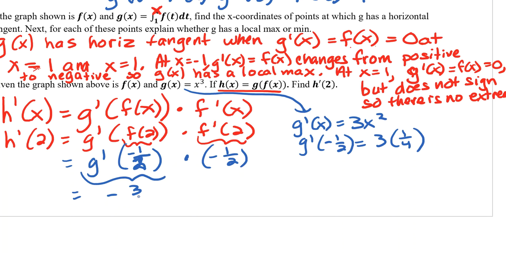Oops, is it negative? I think it is positive. Sorry. Times a negative 1/2. So negative 3/8. That doesn't sound familiar. But I don't see an arithmetic mistake. So I'm thinking that looks pretty good. If you find my mistake anywhere, you can tell me about it.